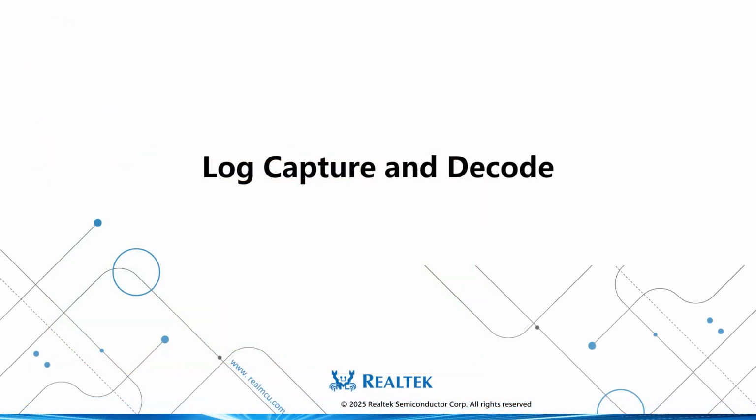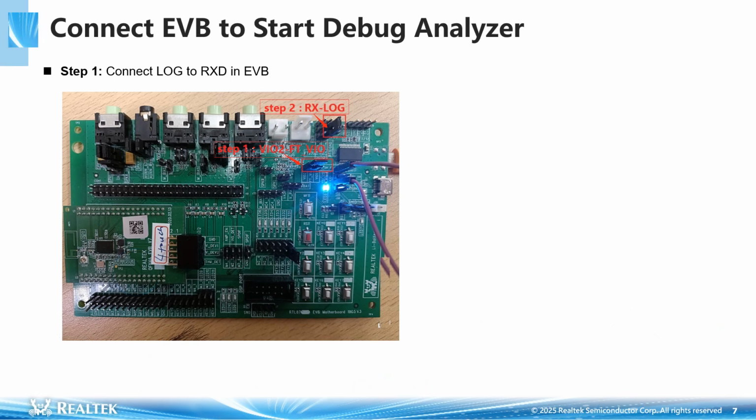Next, I will introduce the usage process of the log capture and decode in Debug Analyzer. Step 1. Connect log to RxD in EVB. 1. VIO2 to FTVIO. 2. Rx to log.